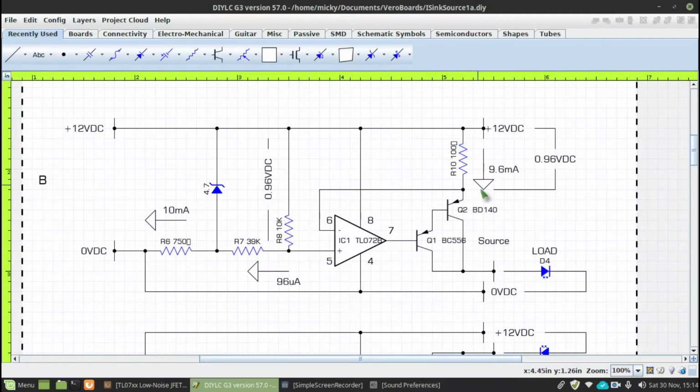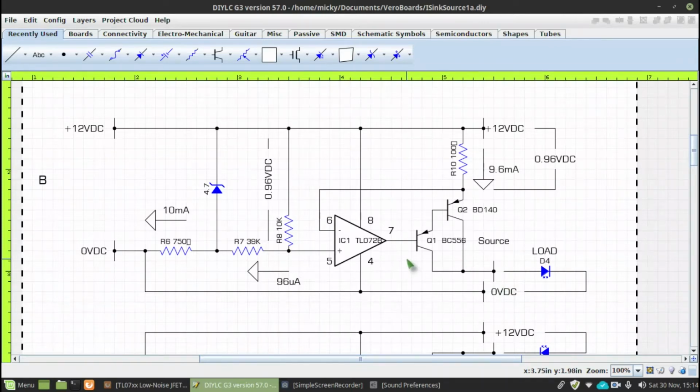The load, of course, it's a source, and the load is an LED load, which is D4, and the load is taken from the collectors of both Q1 and Q2 junction through down to 0 volts. So if there's 9.6 milliamps flowing through this 100R resistor, you've got 9.6 milliamps always flowing through here.